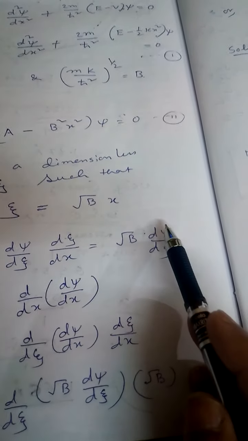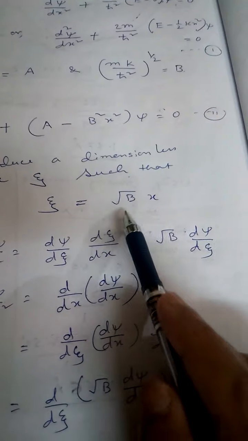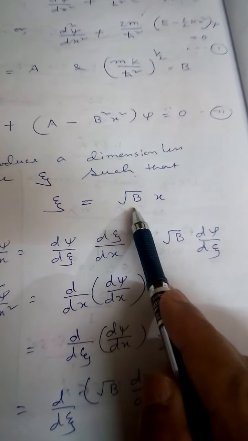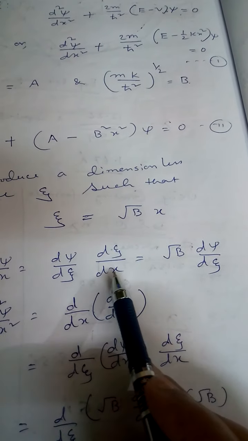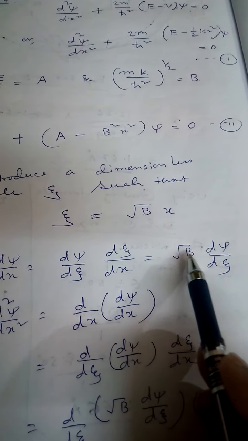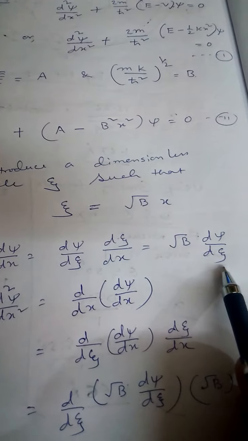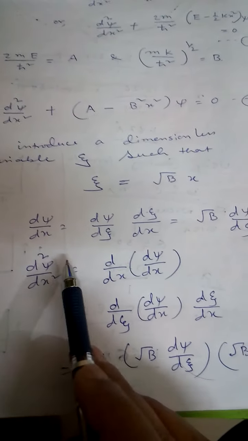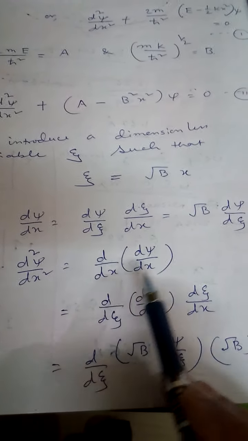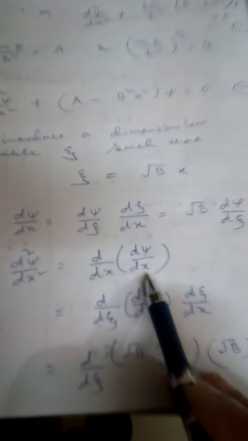Putting the value of d xi dx, that is square root of b, we get d psi by dx equals square root of b d psi by d xi. Similarly, let us find d square psi by dx square, that is d/dx of d psi by dx.